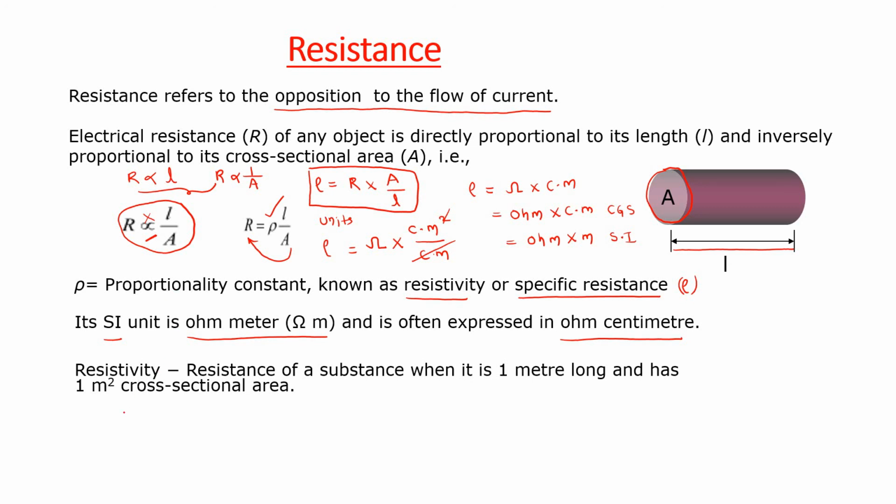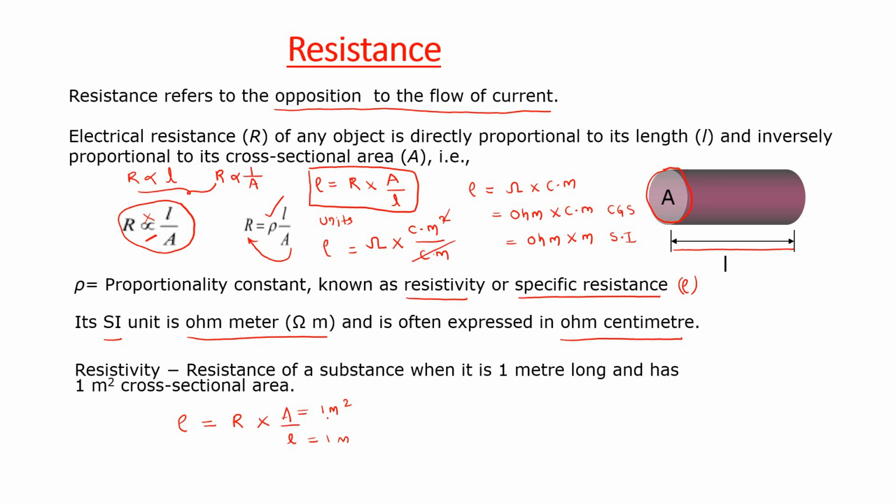Now how do we make a definition for specific resistance? Rho is nothing but specific resistance. I am making a definition using the formula A by L. Area of cross section I take as 1 meter squared, and length as 1 meter.